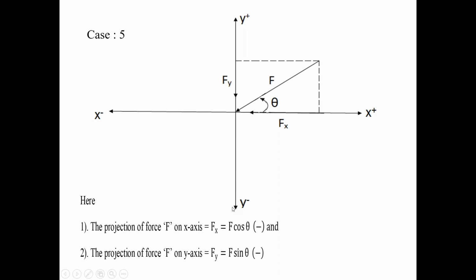Don't get confused here. The Fy projection is on the positive y-axis, but because of the direction of force F, the Fy direction is towards the negative y-axis. So Fy is the negative projection. In the fifth condition, both the Fx and Fy projections are negative.